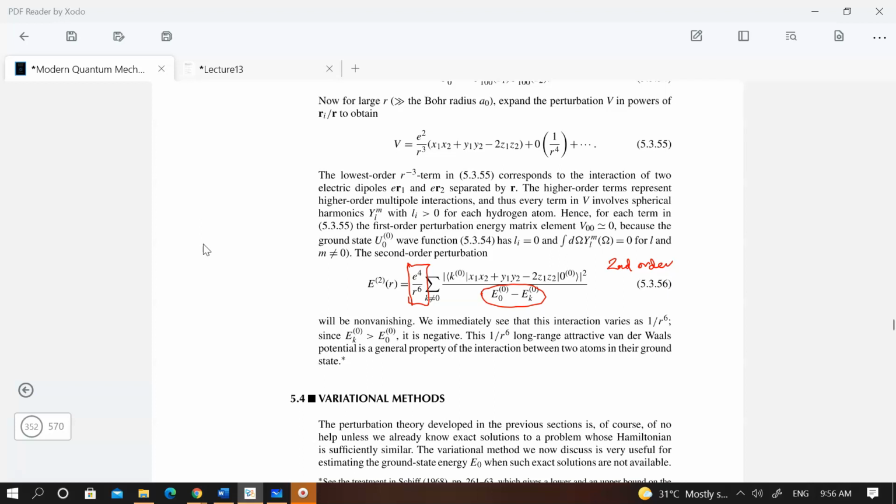Okay, and that shows that the shift is going to be towards the attractive part rather than the negative part, positive part, sorry. So that sort of settles this part, and then the next thing that we're going to do is look at variational methods, and after that we go into time dependent perturbation theory. Okay, so I think I'll finish off this today.